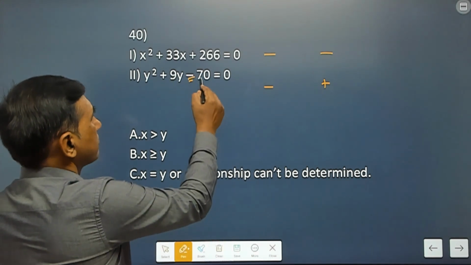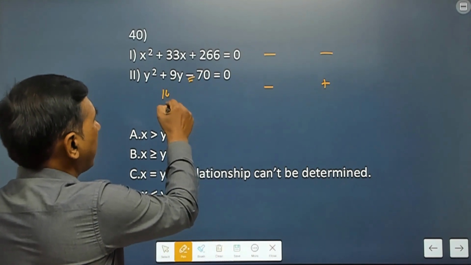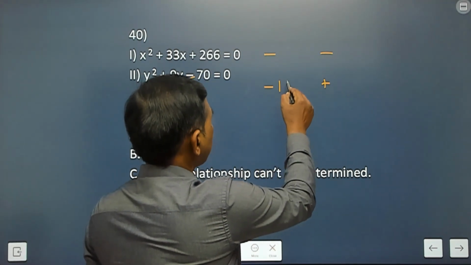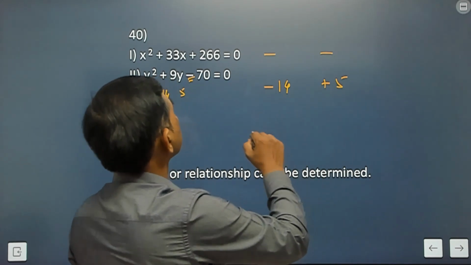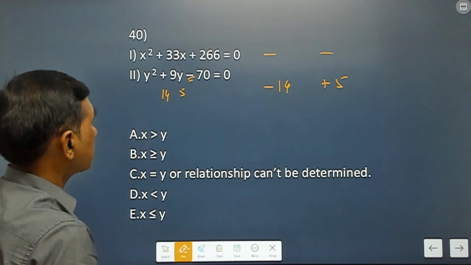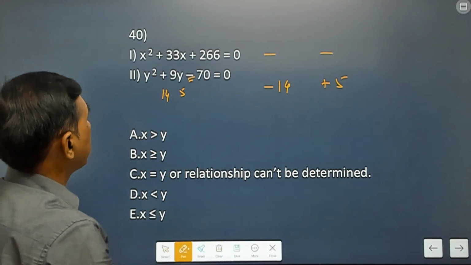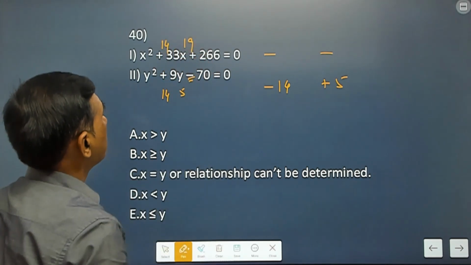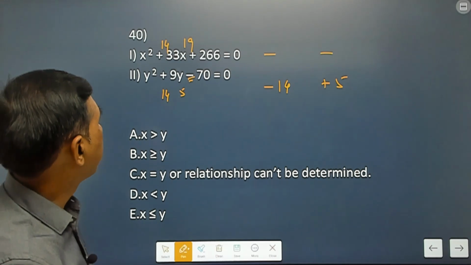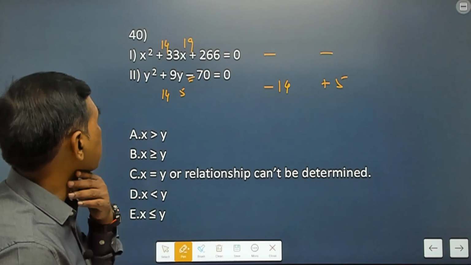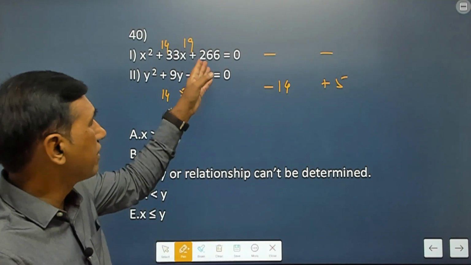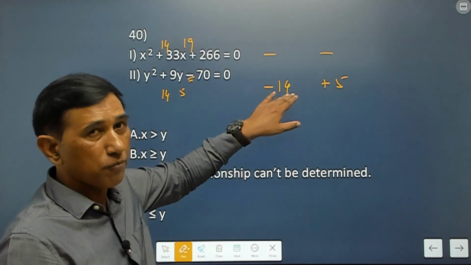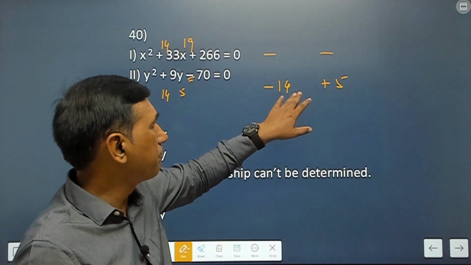It is minus 17, so 14 and 5, since 7 is the prime number. So this will be minus 14, plus 5. Here, if you keep one as 14, another is 19, just check if it is there. Yes, it is there. 14 into 19 will give you 266. So I took the clue from here that one number is minus 14.